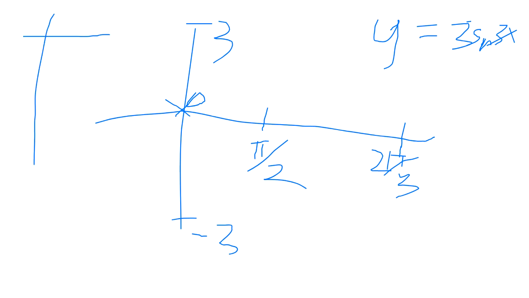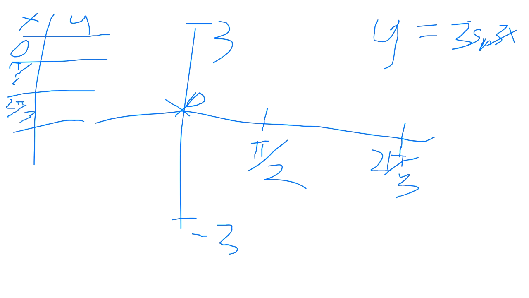You see, we have x and y. So our points will go like this: 0, pi over 6, and 2 pi over 3. Ne?